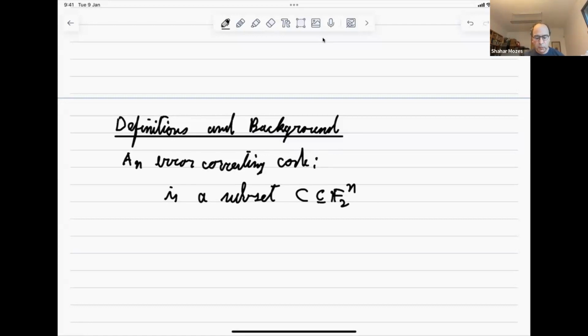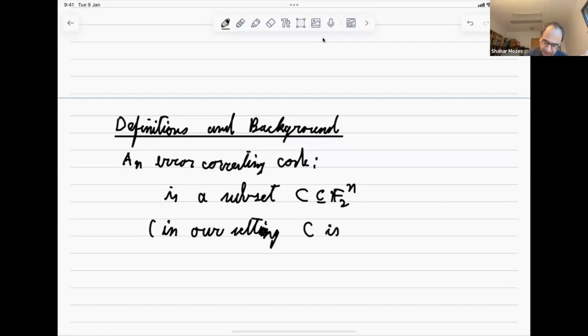We're just going to use 0 and 1, and you're looking at words of length n, and any such subset is called a code. We're actually going to look at special cases where, in our setting, it's always going to be linear codes, which are just linear subspaces. So these are the objects.